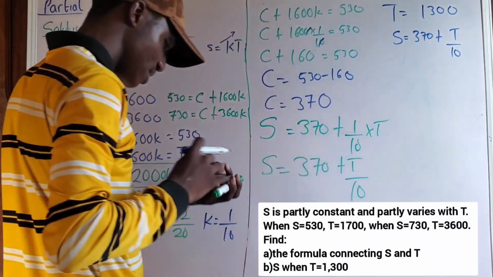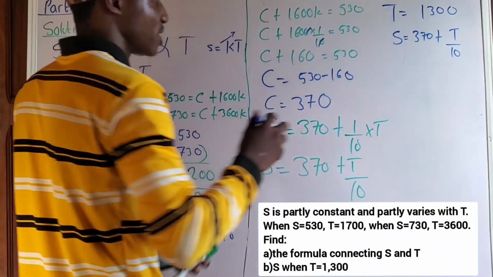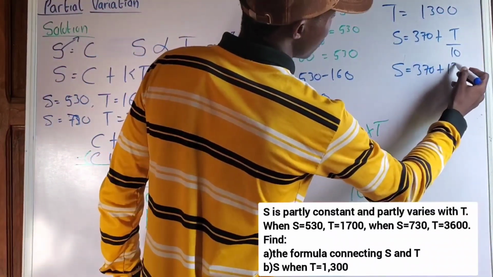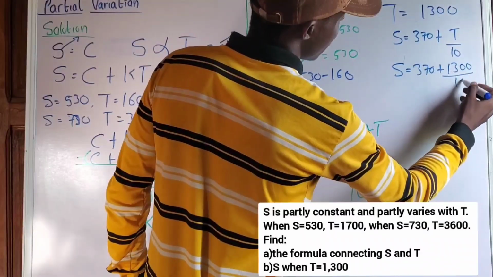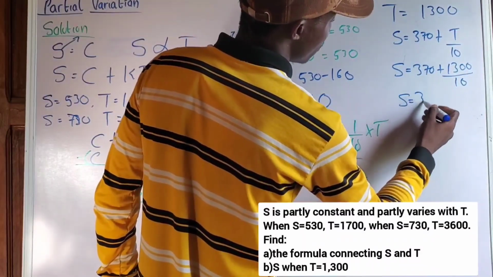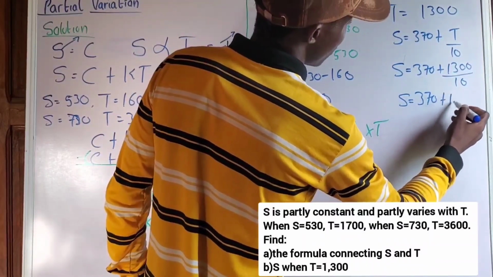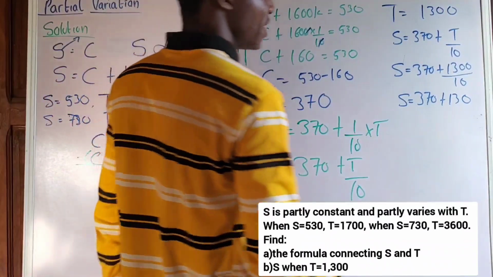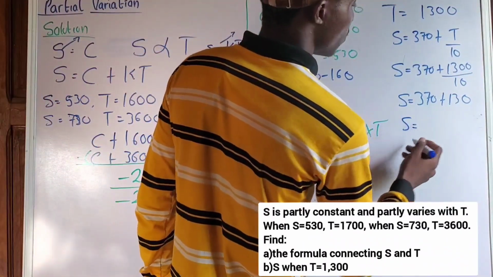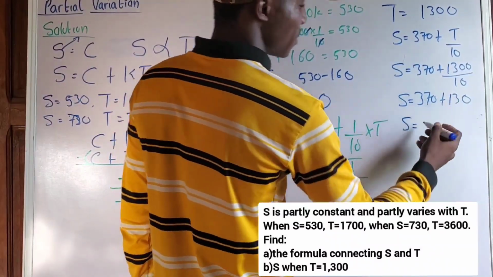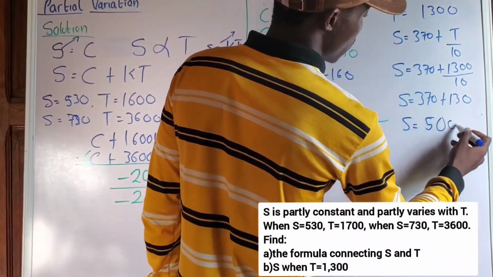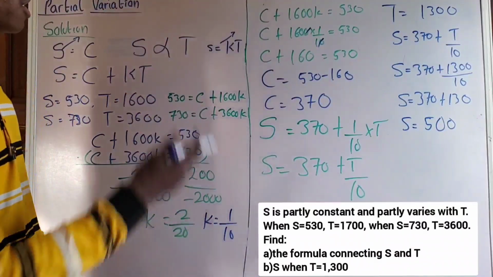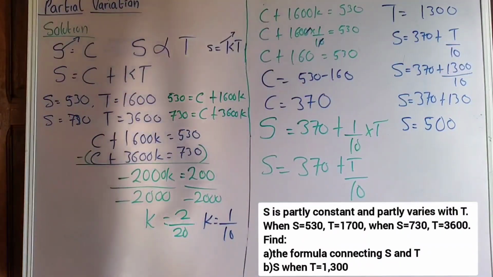Now, when t is 1300, I'm going to have s equals 370 plus 1300 over 10, right? So s equals 370 plus 130, that is 500. So s equals 500. Do you understand? Okay, so that is the solution to that question.